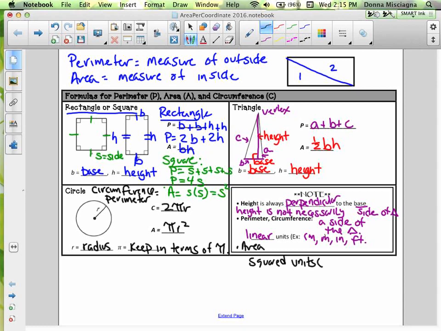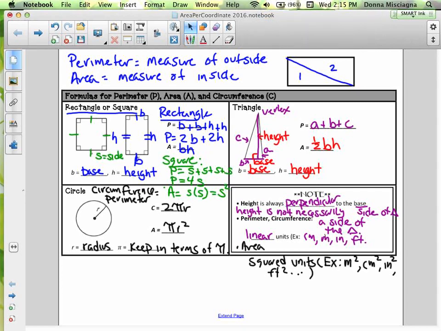So instead of meters, we'll have meters squared. Oh, that's centimeters there. Centimeters squared, inches squared, feet squared, and so forth. Right? So area is squared units, and perimeter, circumference are just linear units. It's just distance. Okay? All right, so let's do some problems together.